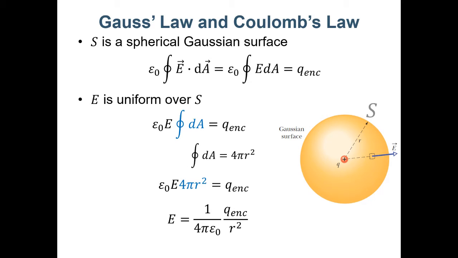So actually, we know that E dot dA, as long as they have the same direction, should be dA cosine 0 degrees, right? They should have the same direction for all different dA.